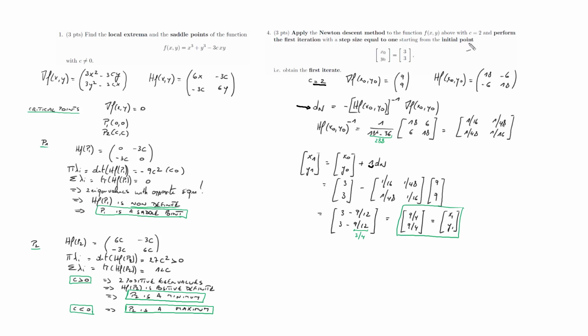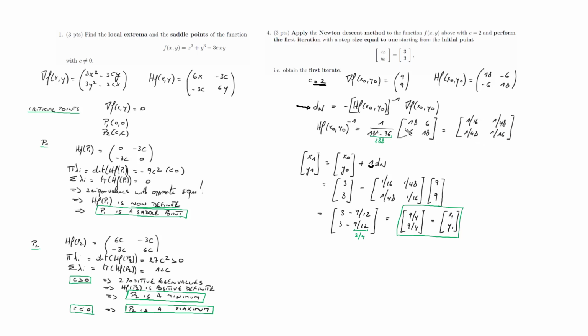So here it's at the initial point. We need the inverse of the Hessian. The Hessian is over here. So it's 1 over the determinant times this matrix: we interchange those two and we change the sign of those two over here. If you multiply, this is what you obtain.